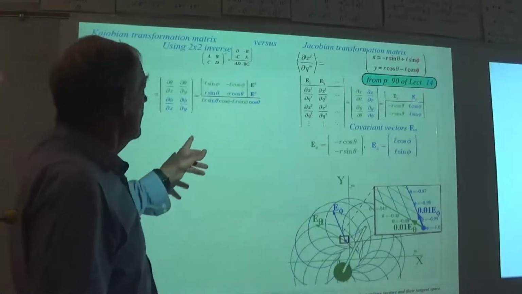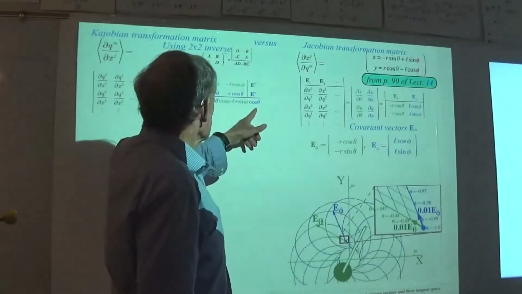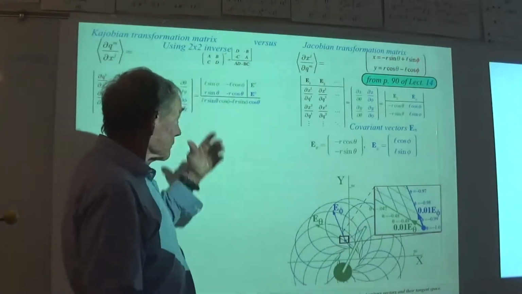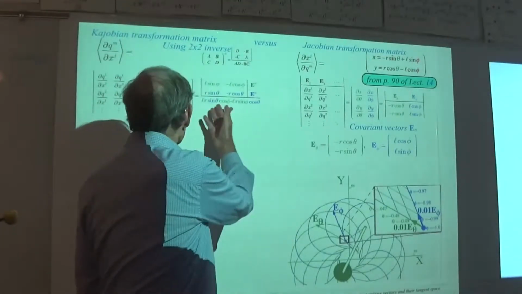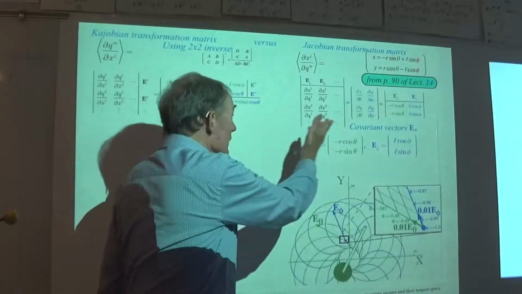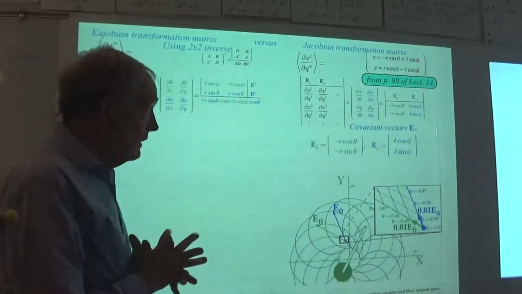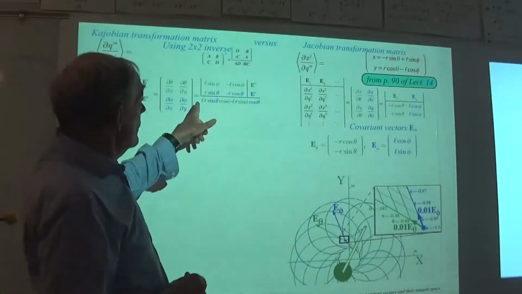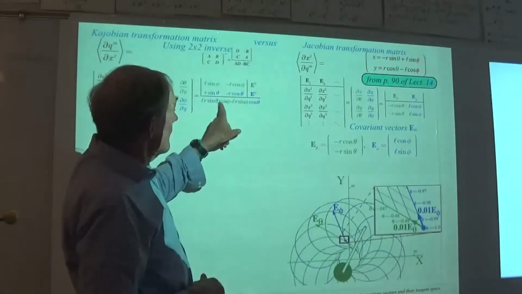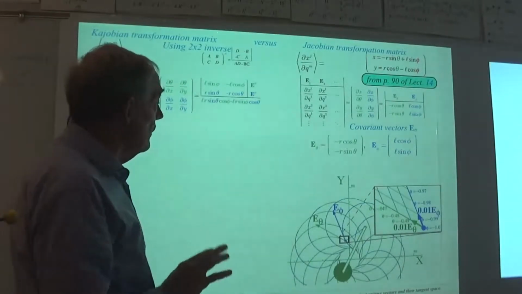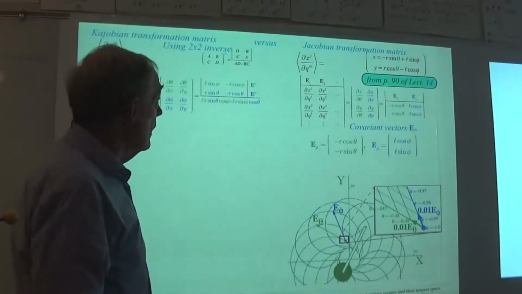In any case, very quickly we get this determinant, and this Jacobian matrix, when it is singular, and that's when this goes to 0, something's wrong. You're in an area where the coordinates aren't working very well.